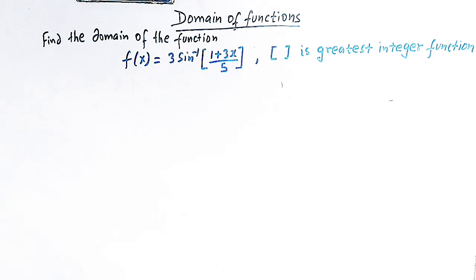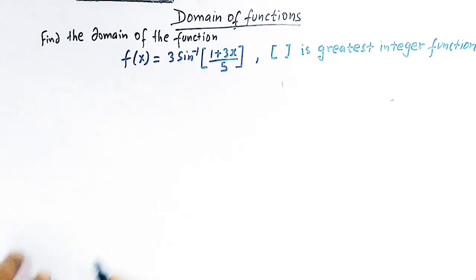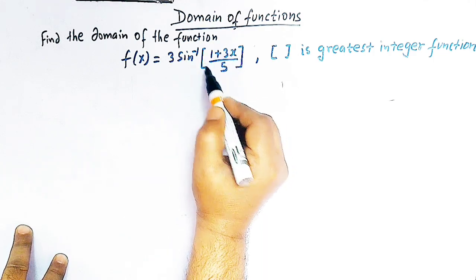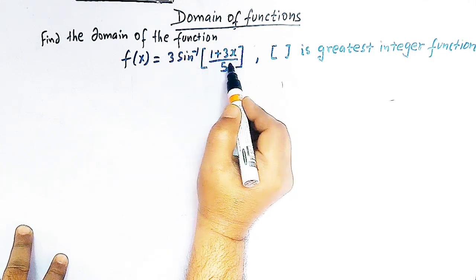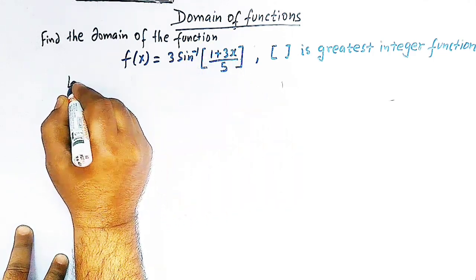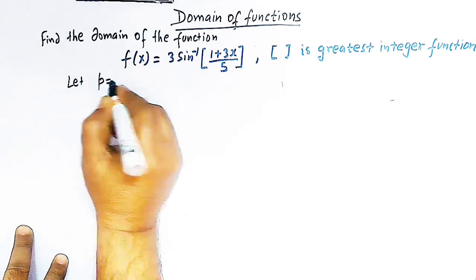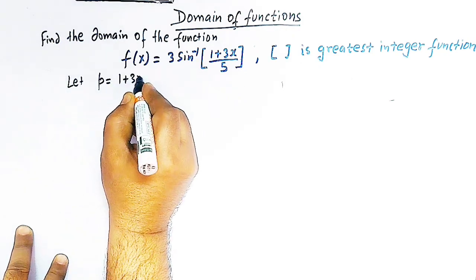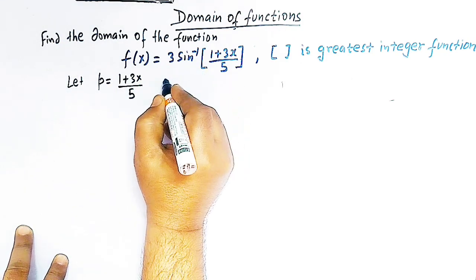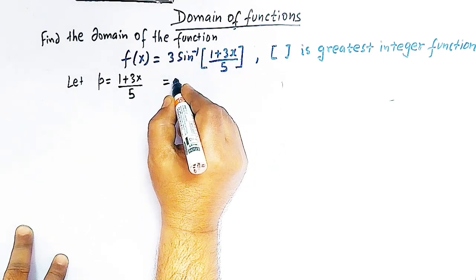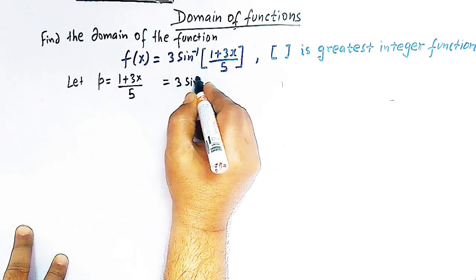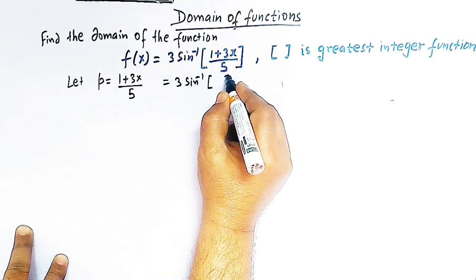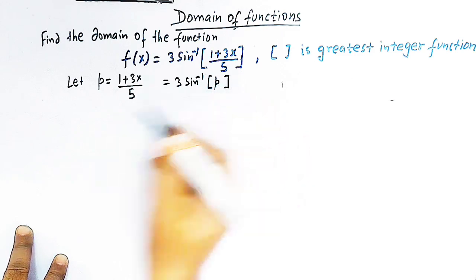So let us start. Let us take the expression inside the square brackets as p, so p is 1 plus 3x over 5. Now we can write this function as 3 times sine inverse of the greatest integer of p.